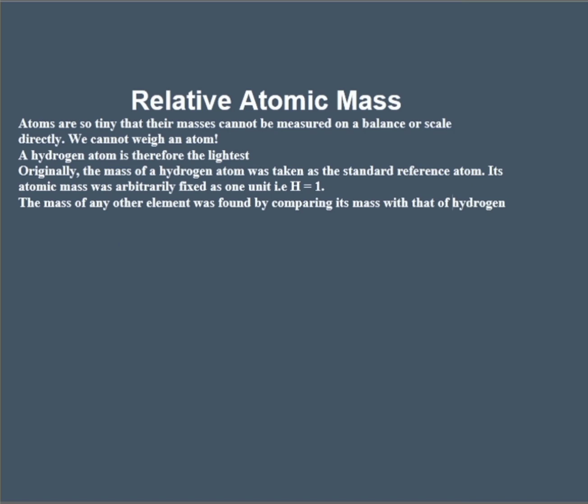The mass of other elements was found by comparing its mass with that of hydrogen. Hydrogen was the standard being used earlier on. The idea was to find out how many times the atom of another element is heavier than one atom of hydrogen, hence relative atomic mass.